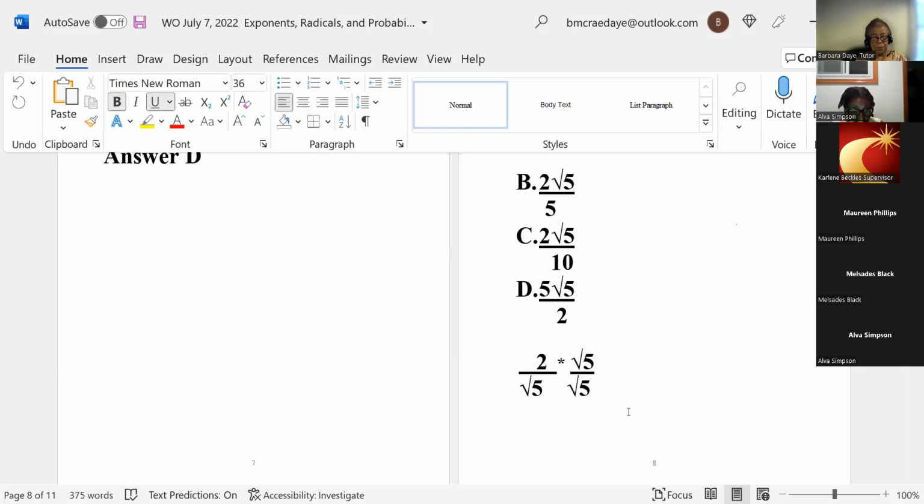You get the radicand. That's right. You get what's under the radical. So the square root of 5 times the square root of 5 just gives you 5. So this becomes, and we just repeat what we have here, 2 times the square root of 5. And so what would I have in the denominator, Mercedes?